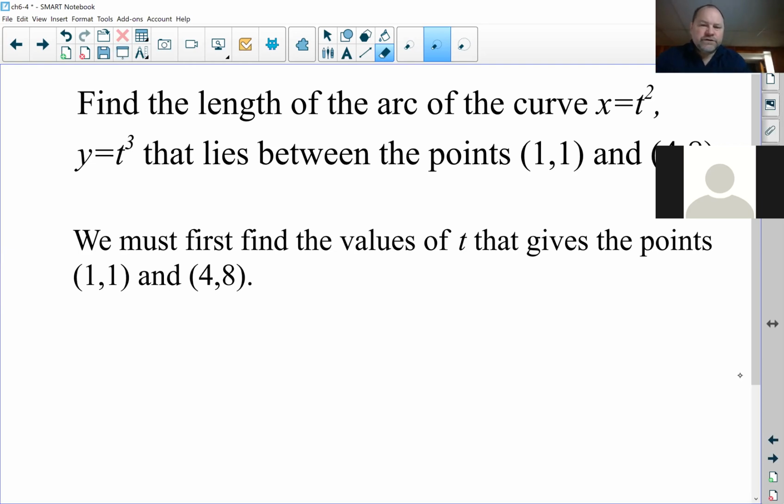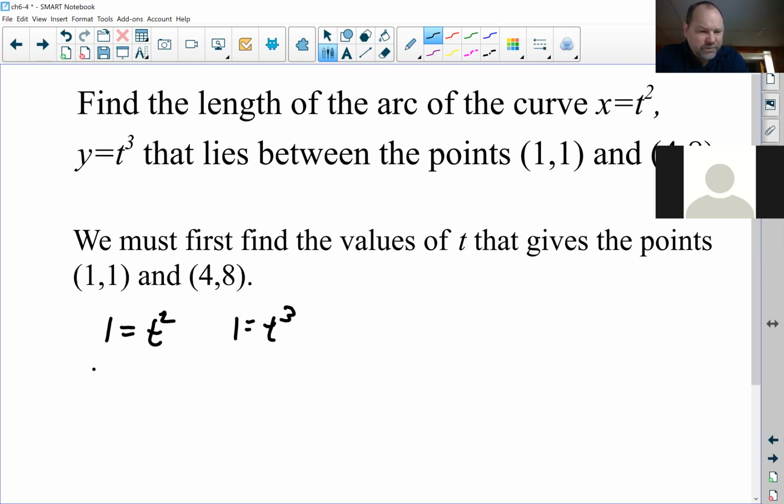Right, because 1 would have to equal t squared, and at the same time, 1 has to equal t cubed. So this could be positive or negative 1, but this one has to be positive 1. So I can eliminate the negative.